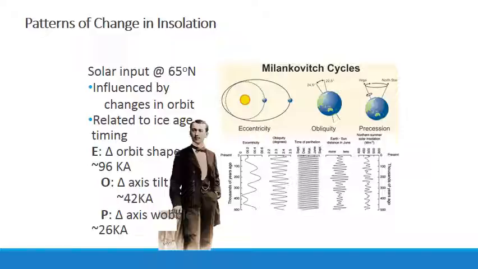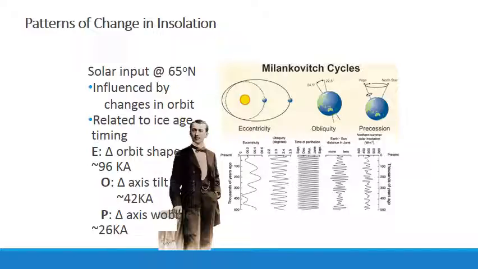To his delight, he discovered that the mathematics involved in developing his model were complicated but straightforward, as I hear mathematicians say. Despite being imprisoned by the Austro-Hungarian army during his honeymoon, which coincided with the onset of World War I, he completed his opus to demonstrate how variations in solar intensity at 65 degrees north were driven by rhythmic changes in Earth's solar orbit, and that they did in fact correlate with Earth's historic ice ages.